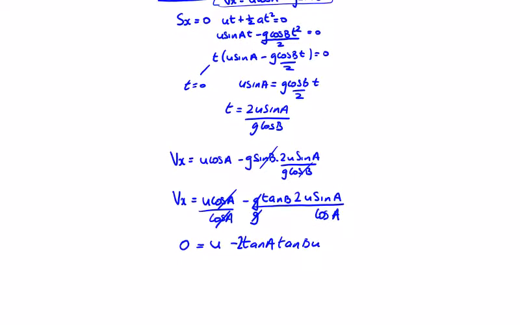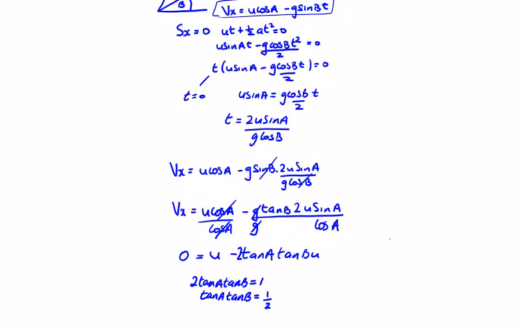So dividing across by u and bringing the 2 tan a tan b to the left, I'm going to get 2 tan a tan b is equal to 1. So tan a tan b would be equal to a half. So that's shown: tan a tan b is equal to a half.